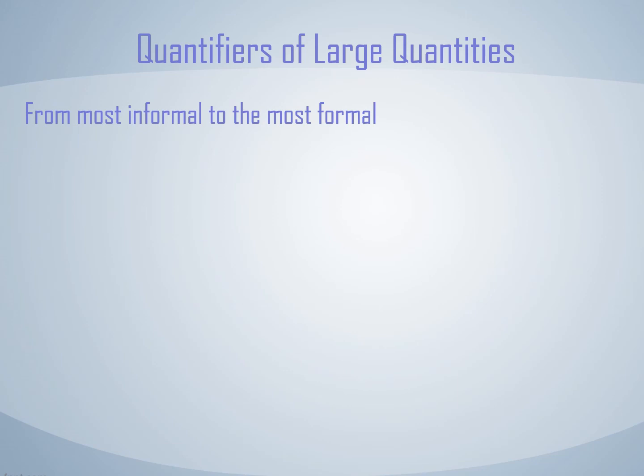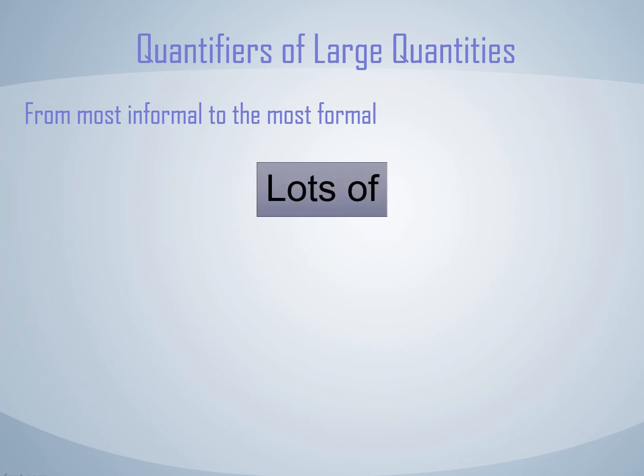We will move further. Now we will see here the grading from most informal to the most formal. It means grading will show you which quantifier is informal to use or which is formal to use.